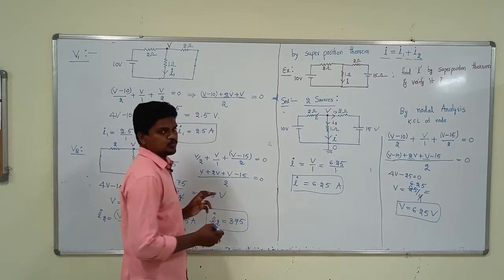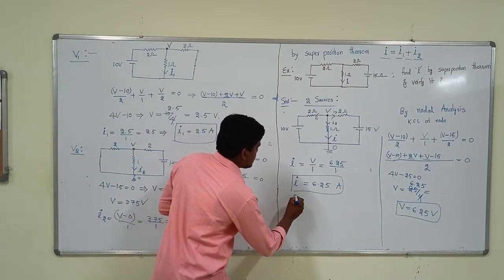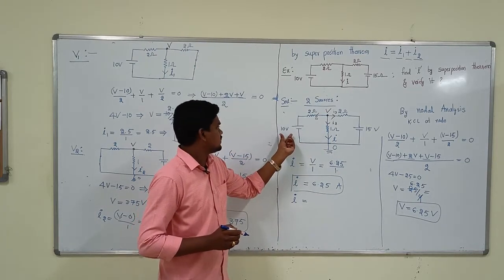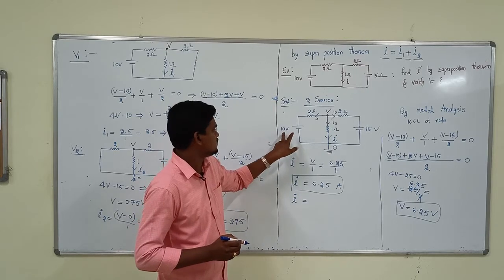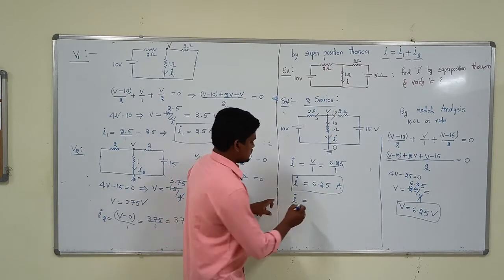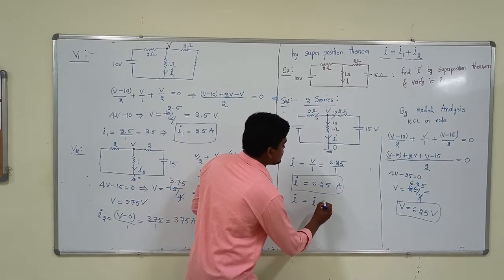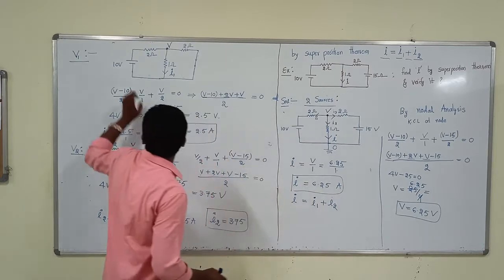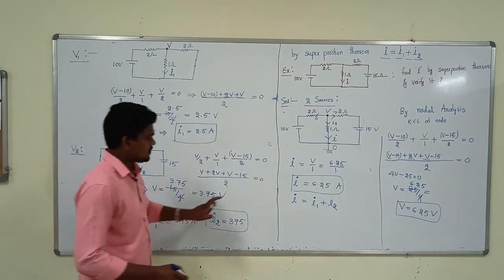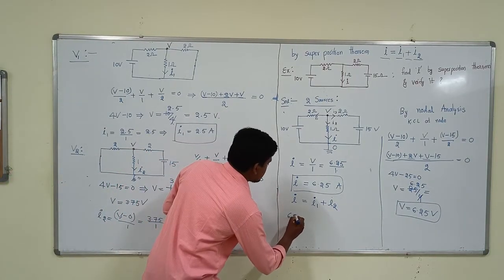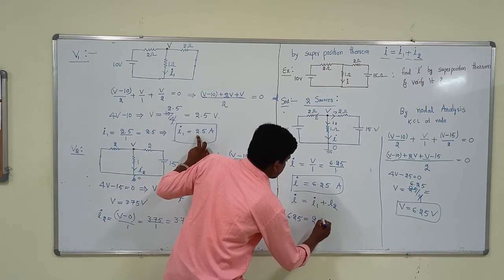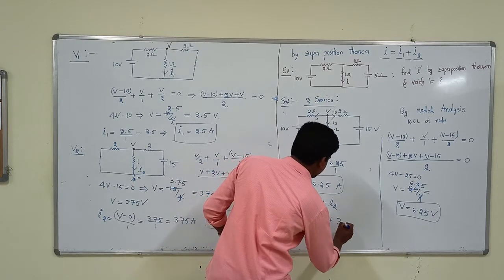Look at here. By the superposition theorem, current I equals the current response due to the two sources acting at a time, 10 volts and 15 volts source, is equal to the sum of the individual sources. That is, for 10 volts I1, for 15 volts I2. So, I1 plus I2. Right here we have 6.25, and for I1 this is 2.5, for I2 this is 3.75.